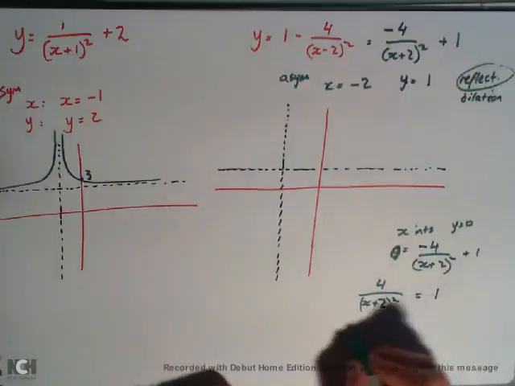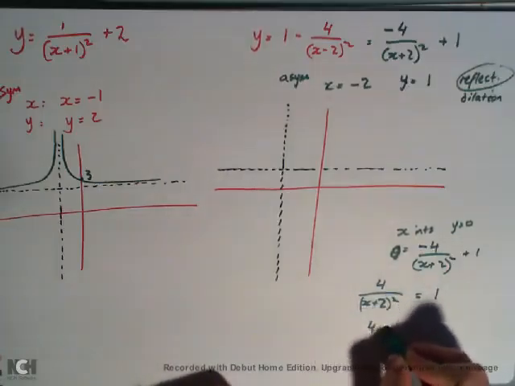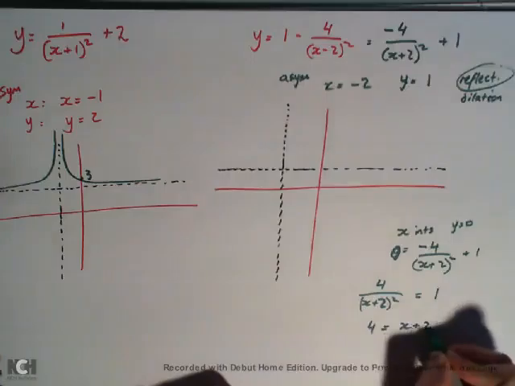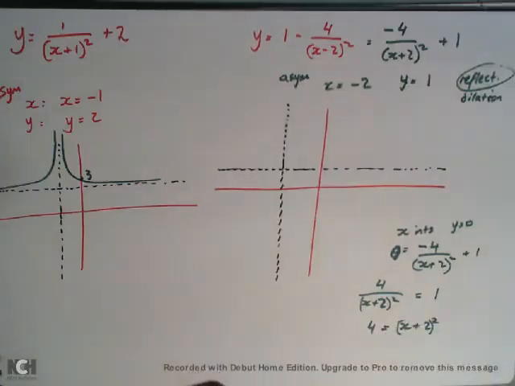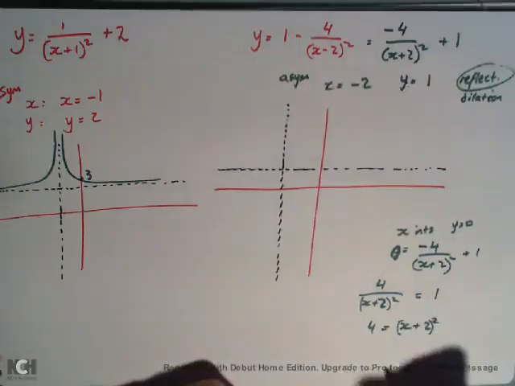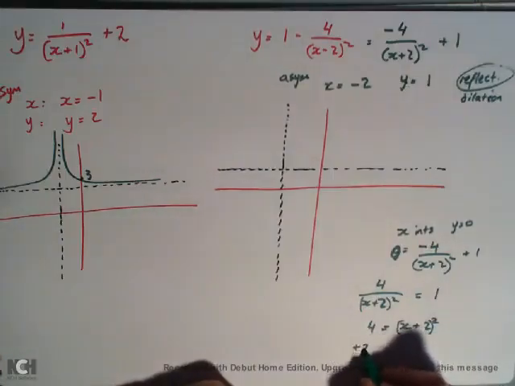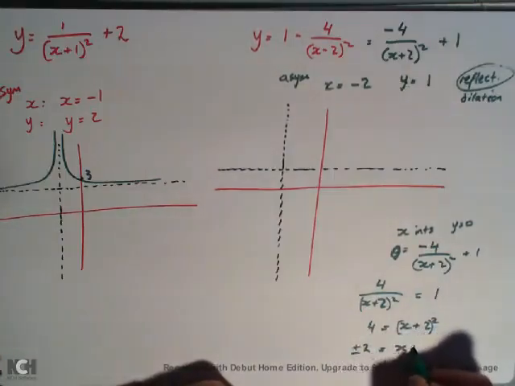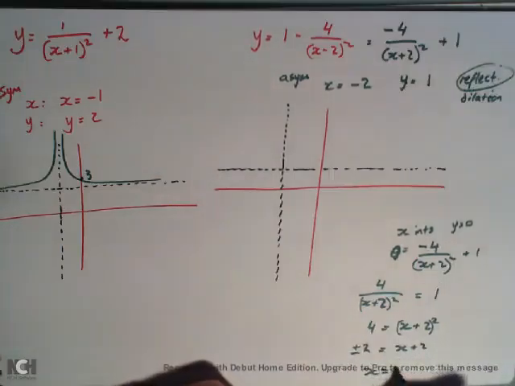Now if I multiply both sides, we get this. Square rooting both sides, we get plus or minus 2 equals x plus 2, so there we can say x equals negative 4 or x equals 0.